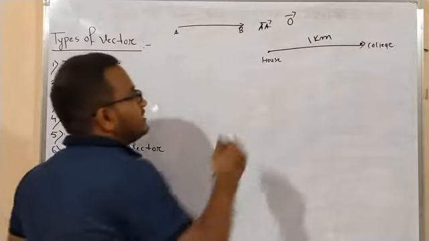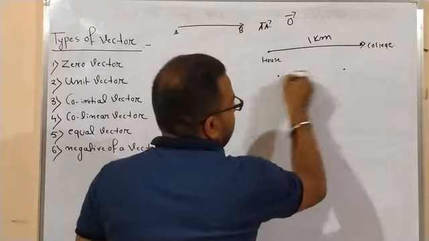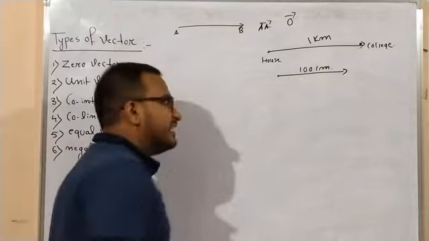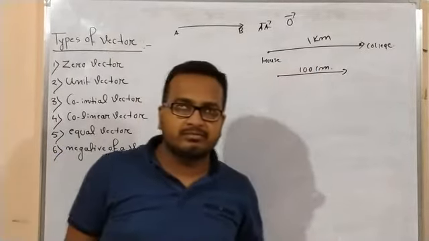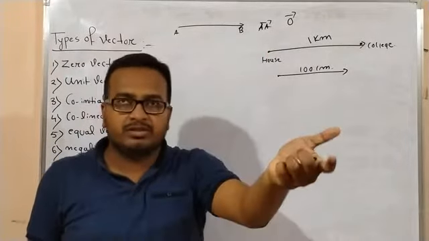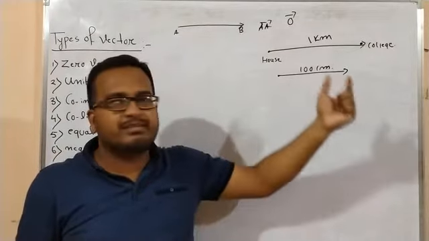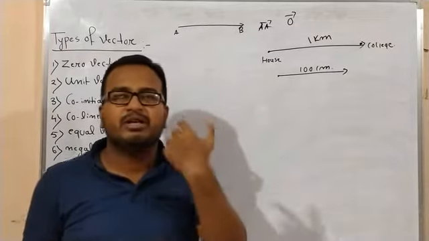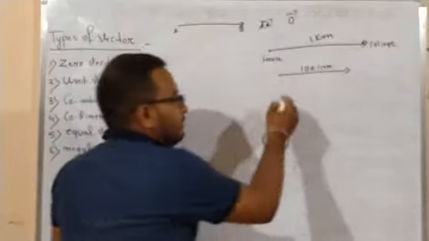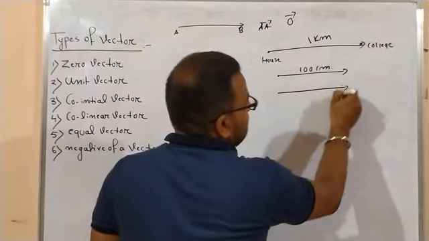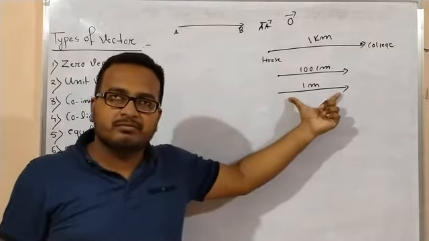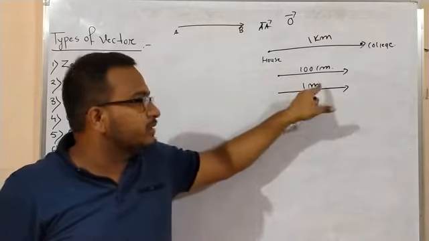Suppose this is one point and this is another point, and the distance is 100 centimeter. In this case, this vector is not a unit vector, because its magnitude is 100 units. You can take any unit, centimeter, kilometer, millimeter, nanometer, decameter, whatever, but its magnitude is 100. But if someone says no, it's 1 meter, now you can say it's a unit vector, because its magnitude is 1 unit.